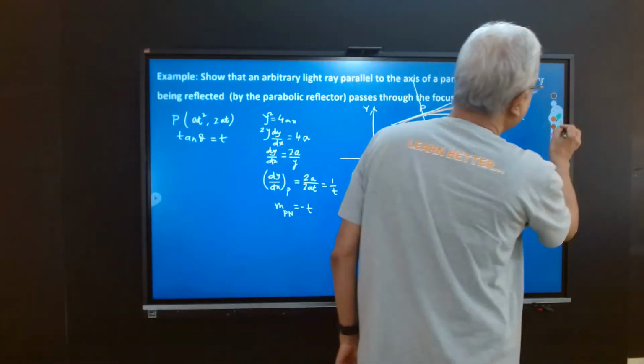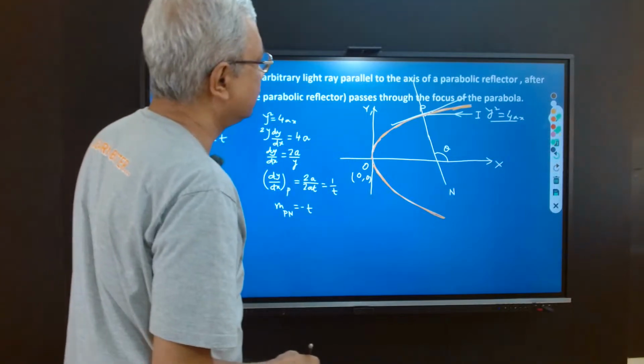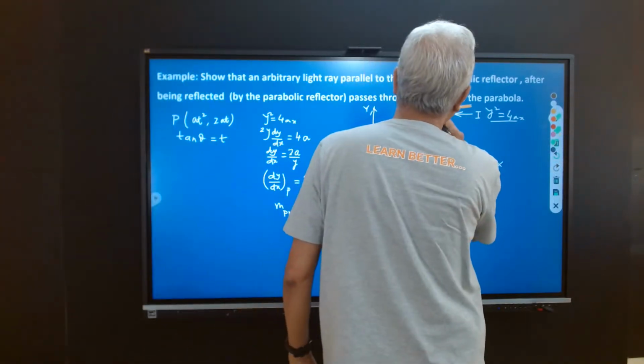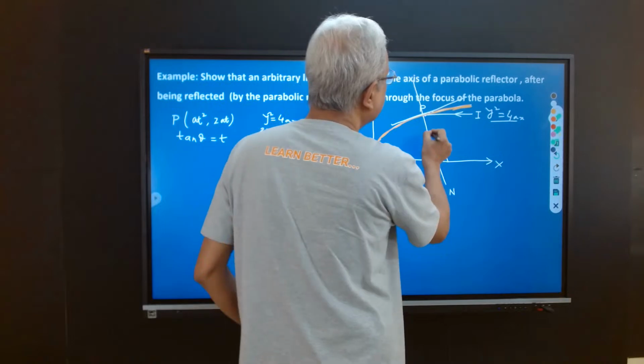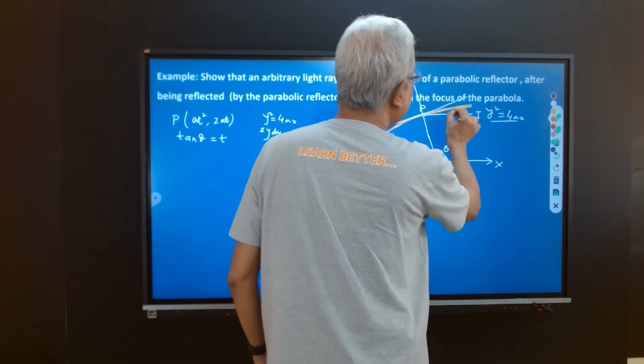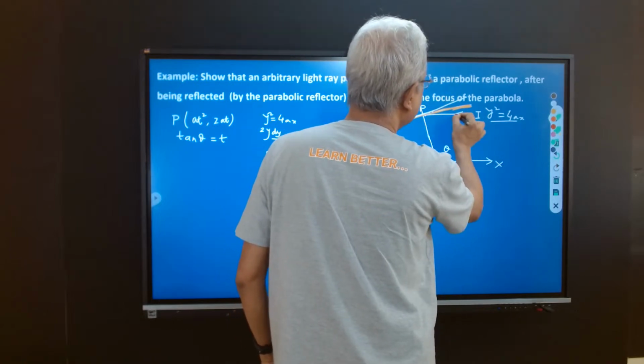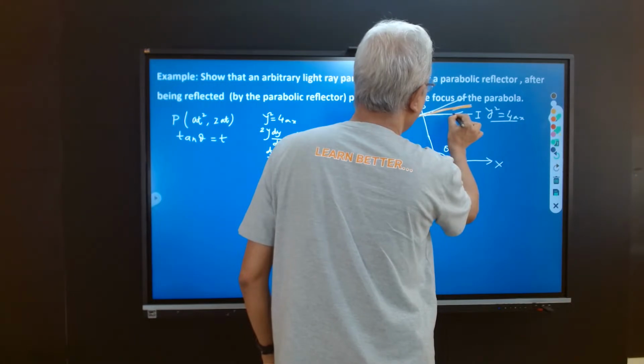Now, this white line is the incident ray, this line.